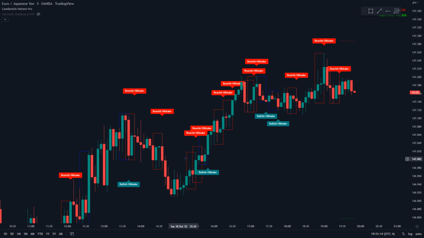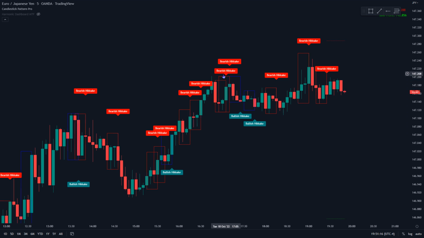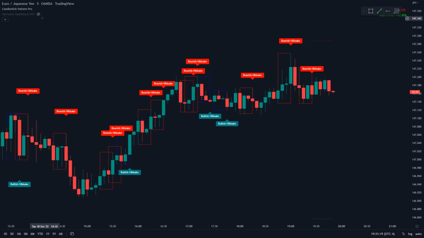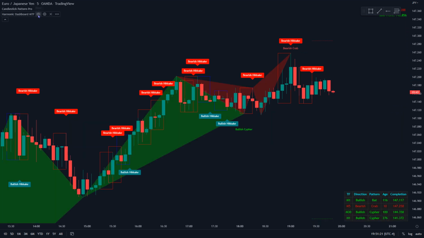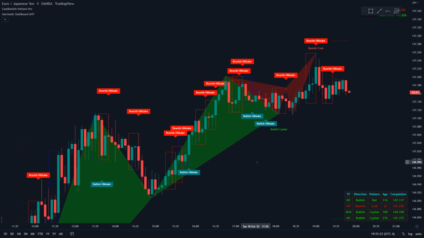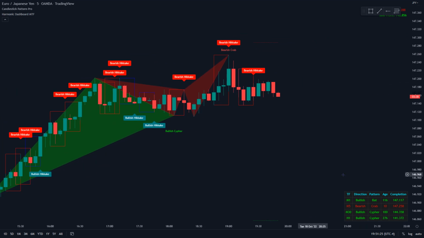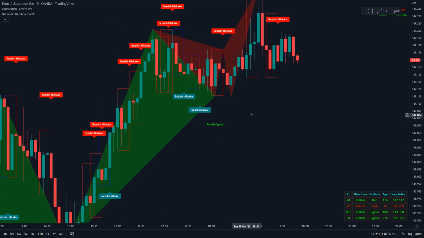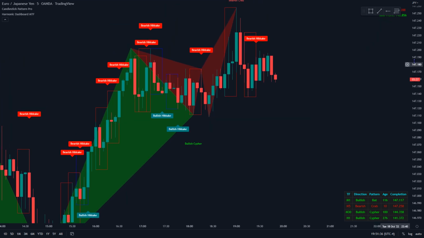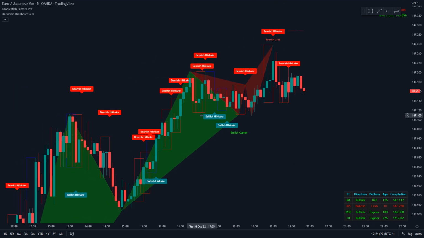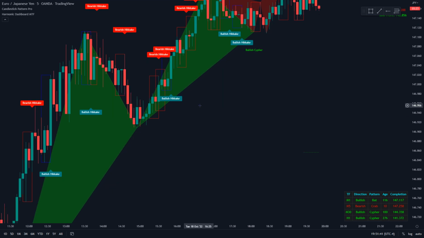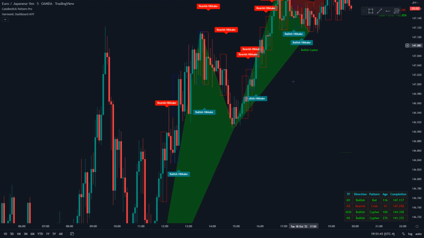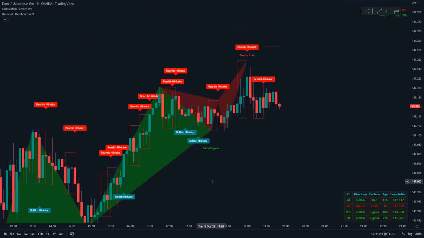In here, we can see all of these Hikaki ones showing up, which are a reversal pattern. But just as an example here with this Euro Japanese Yen 5-minute chart, if one of these is showing up as a reversal, as we can see here, we've been in this uptrend for the whole day on the 5-minute chart.